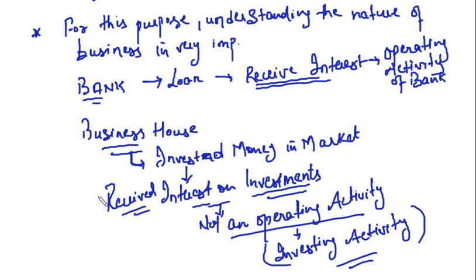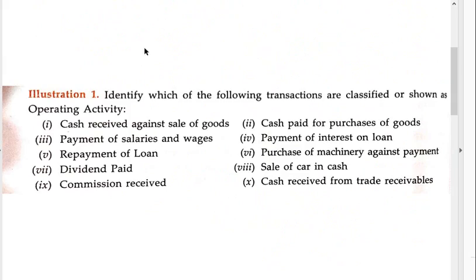Okay. So let's do a small practical problem identifying which activity is an operating activity and which is not. It says, identify which of the following transactions are classified or shown as operating activity. Cash received against sale of goods.